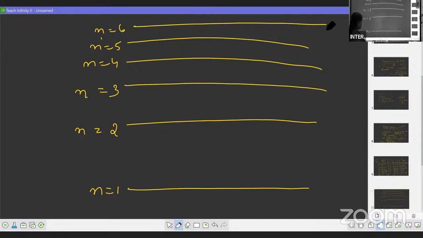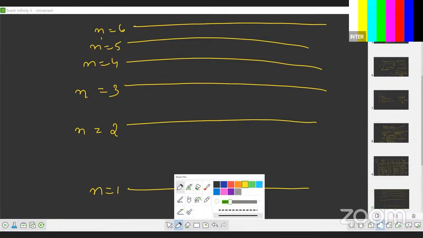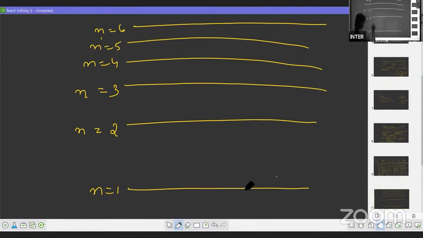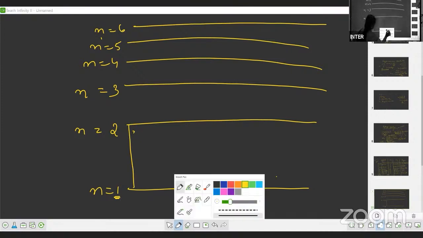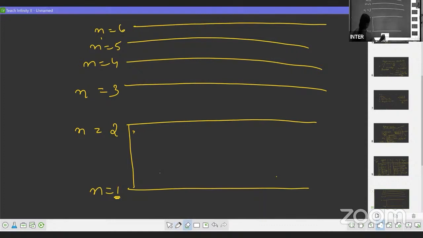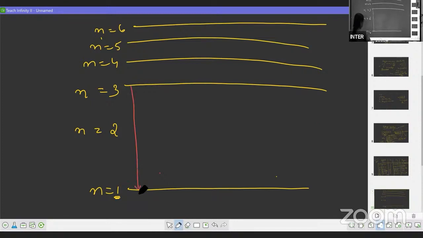What is minus? Minus, हम लोग क्या पढ़े? The electron is coming to first one. कहाँ से आ रहा है? So it may come from different color, different line.